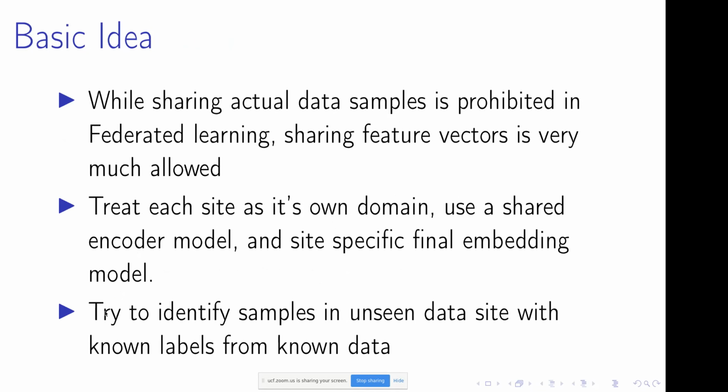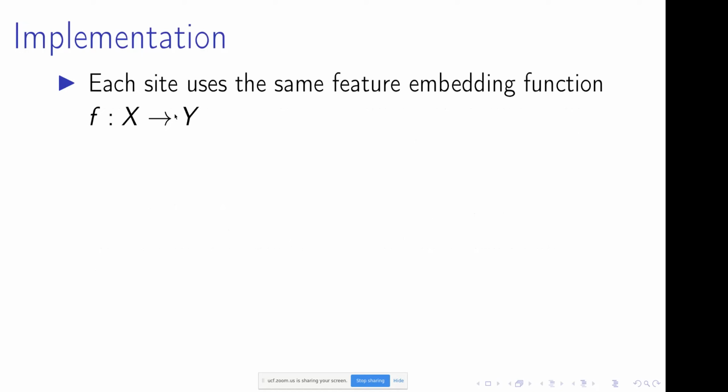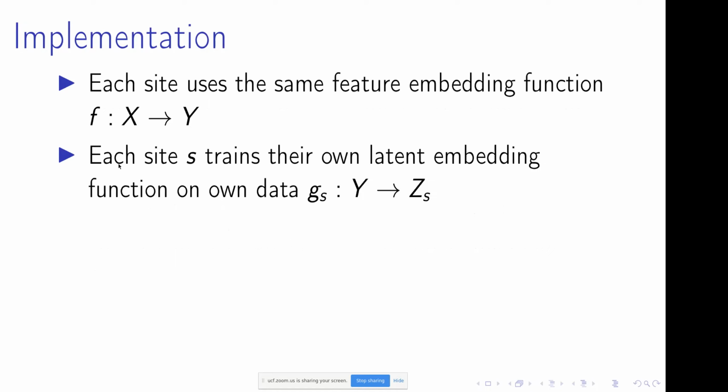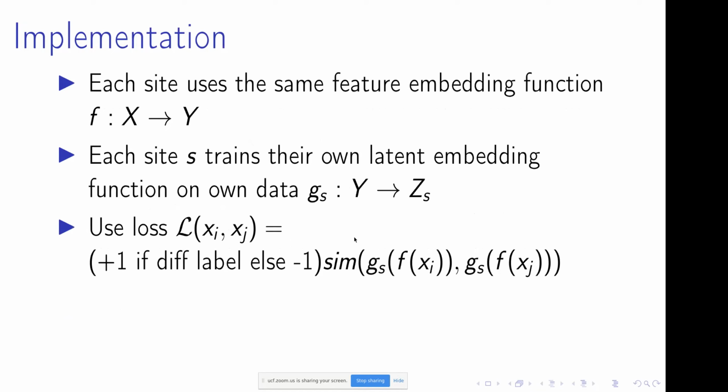And I'm trying to identify samples in an unseen data site with known labels from known data. So each site uses the same feature embedding function that takes your samples and embeds them into a feature space. And for each site, they're going to train their own latent embedding function that takes those feature embeddings into a latent space for that specific site.